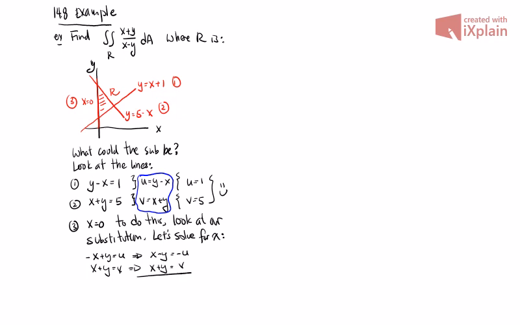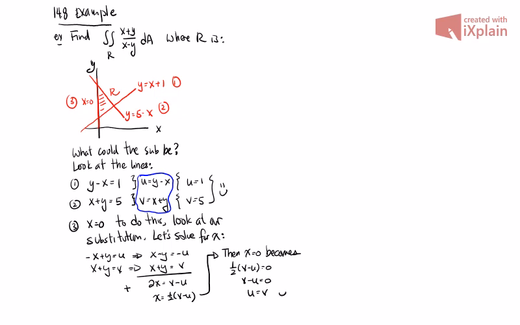And then add them. And then I get 2x equals v minus u, or x equals 1/2 (v minus u). And so this third line, x equals 0, becomes 1/2 (v minus u) equals 0, or v minus u equals 0, or u equals v.